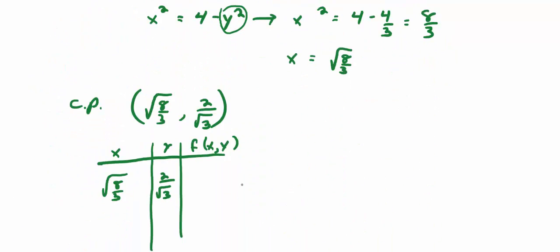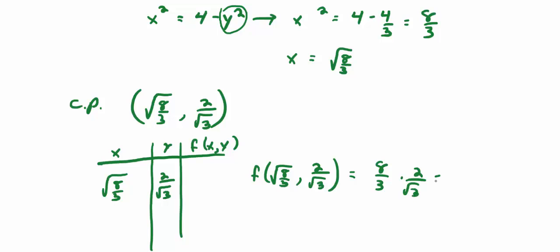Easy enough to do. So f of square root of 8/3, comma, 2 over square root of 3 is going to be 8/3 times 2 over root 3, which is 16 over 3 root 3.